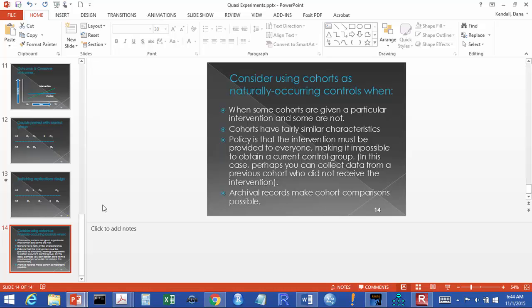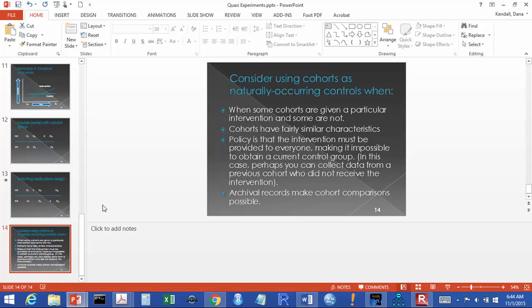Again, remember, people in cohorts kind of have similar characteristics and experiences. And this harkens back to the point I made before, that if the intervention must be given to everyone, and that's a policy, then let's say it's impossible for you to have a current control group.